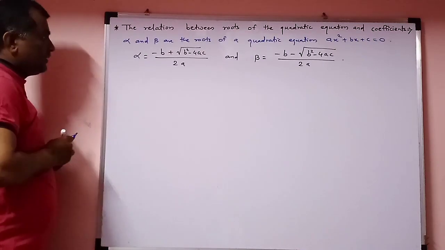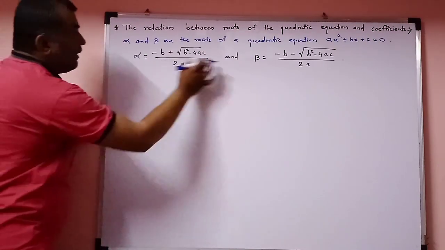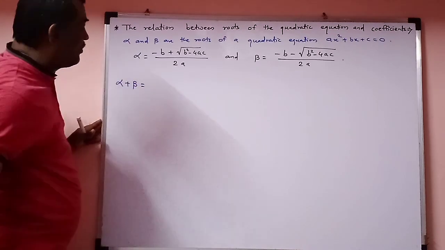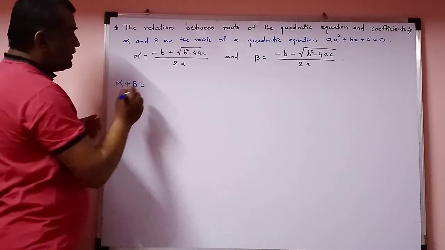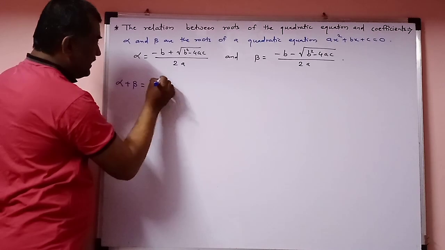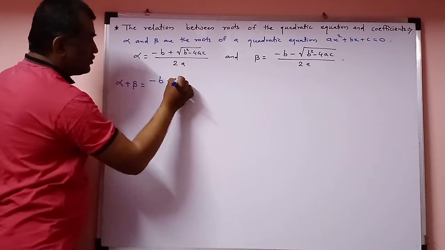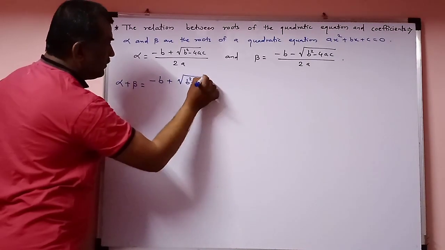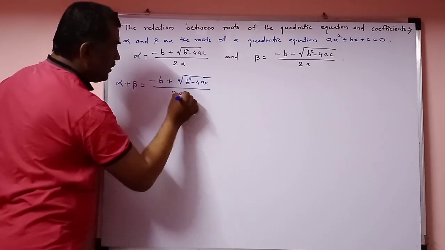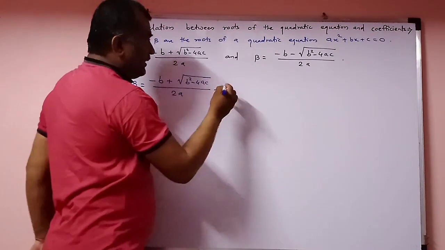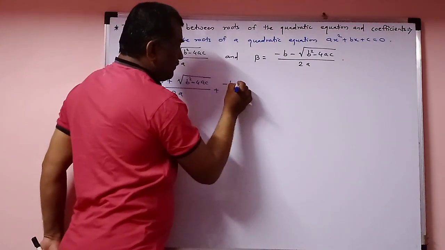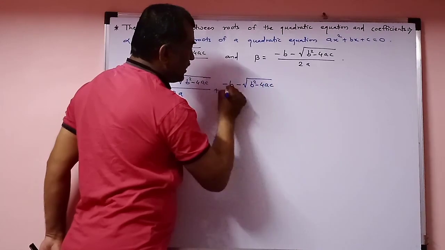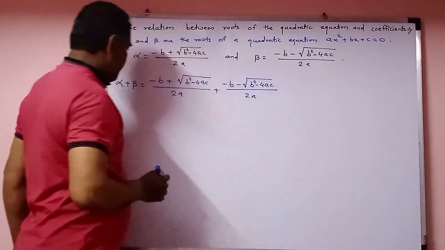First we calculate the value of alpha plus beta, addition of the roots of a quadratic equation. Alpha plus beta is equal to minus b plus square root of b square minus 4ac upon 2a plus value of beta, minus b minus square root of b square minus 4ac upon 2a.